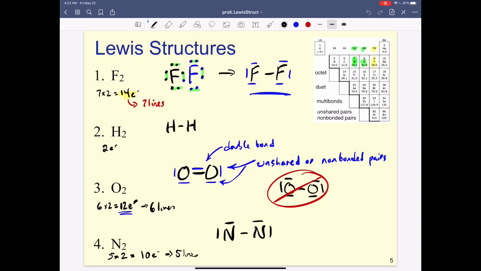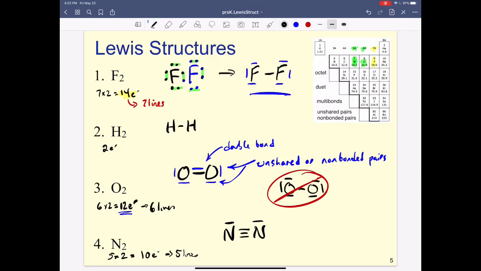Now you may have instead done something like this, but still the nitrogen on the left comes up short, and as a result we'll need to get the eraser out and put an electron pair in between and get the eraser again, perhaps remove this one and put the electron pair here.